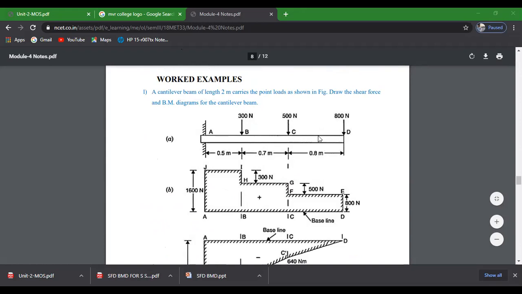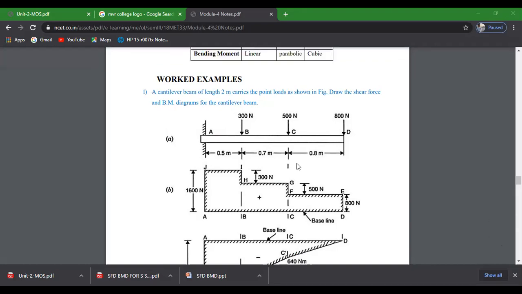The bending moment due to the 800 newtons will be 800 newtons multiplied by 0.7 meters plus 0.8 meters, which is 1.5 meters. This length is 1.5 meters, multiplied by 800 newtons. This is the bending moment due to this force.